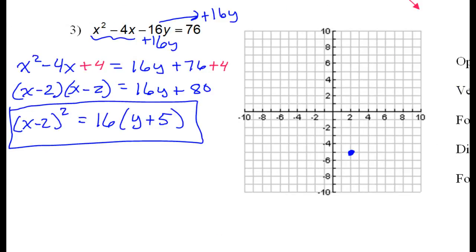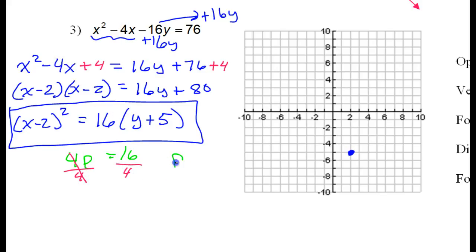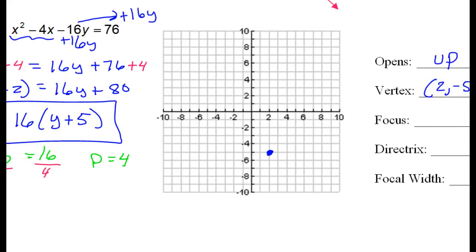So focus time. Yeah, to find the focus, we need to find p. So 4p is equal to 16. If I divide by 4, then p is equal to 4, don't you know? Okay, now this tells me where to put the focus.